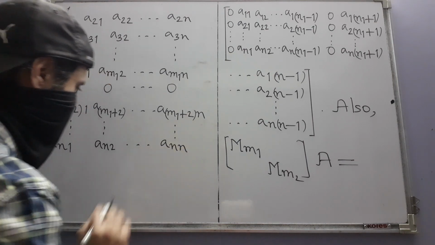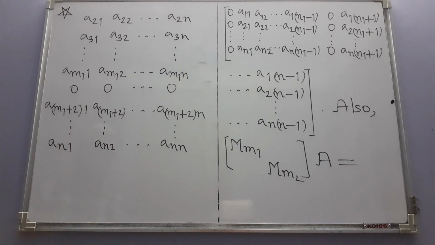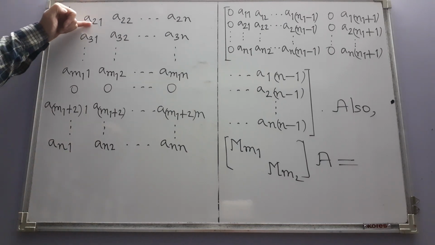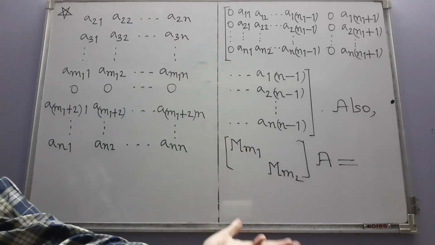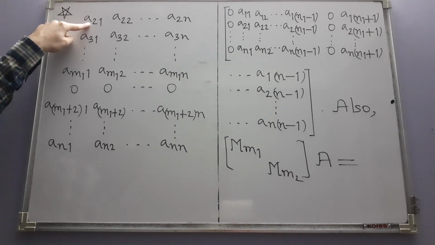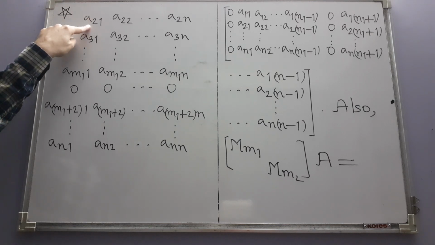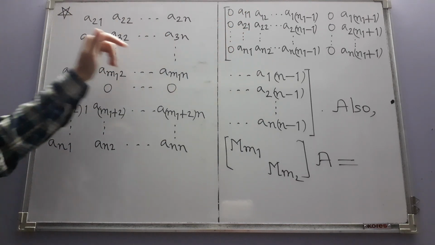And there is one more row. Why? Because you see, this you can call the first, well, it is the first row of this matrix, but it corresponds to the number 2. So when you have the number 2, the row is first row. When you have the number 3, it is second row.